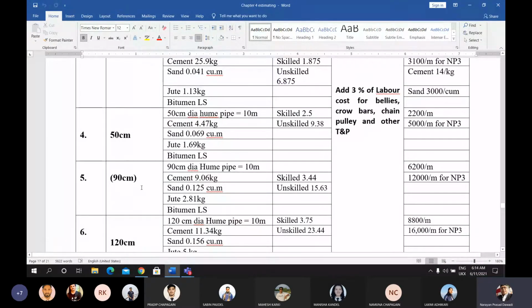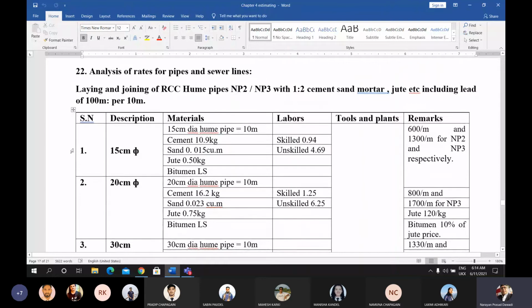Now, these hume pipes are generally available in the market, generally of 2.5 meter length. It has a collar provided, and one pipe is joined with another by inserting the collar into the other pipe.